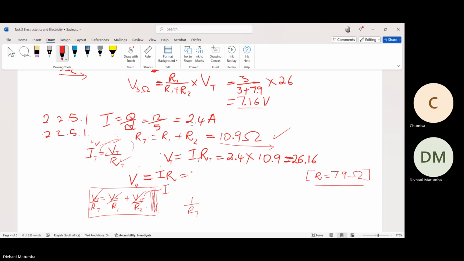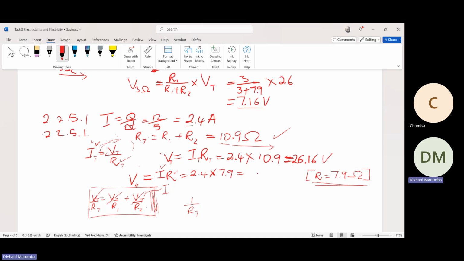Now, what will be the resistance across the equivalent resistor? Isn't it going to be 26.16? No, that's voltage, not current. You agree? Yes, sir. Okay, so your resistance will be the total resistance, 7.9.